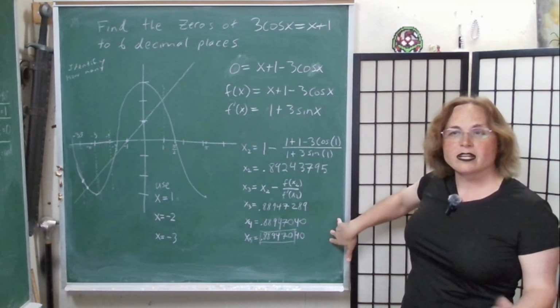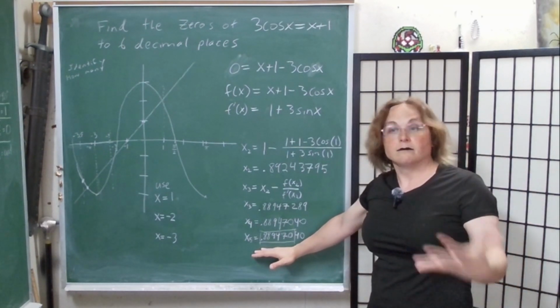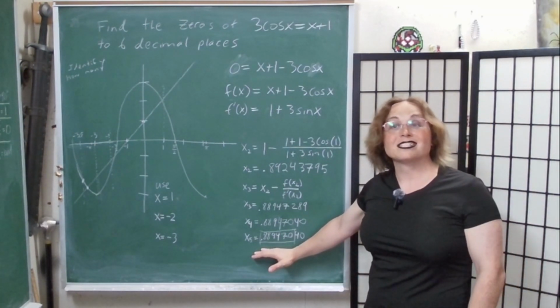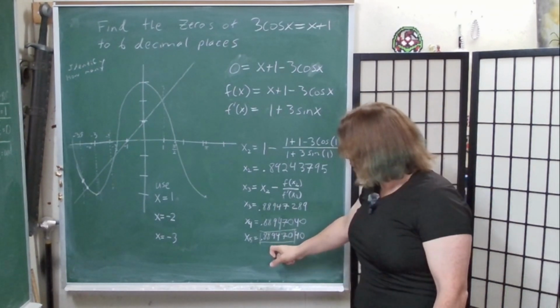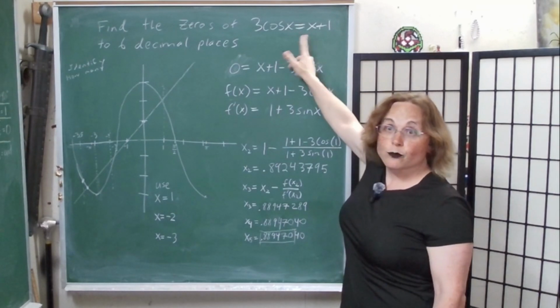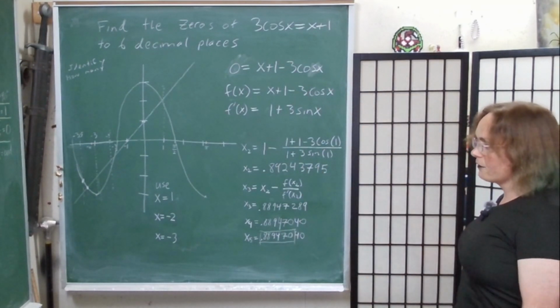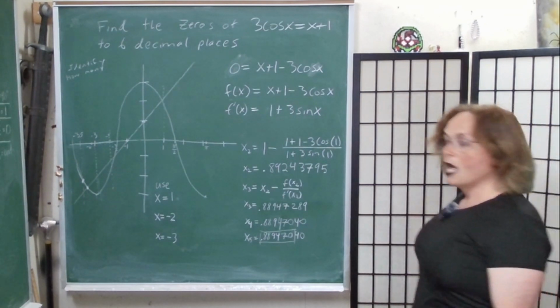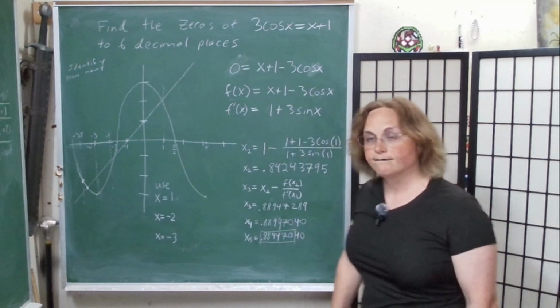So that means I found a good approximation for 6 digits out. Okay? And if you plug this number back in, if you want to check it, you'll see that, yeah, those are pretty close to each other. Do that same thing for x equals -2 and x equals -3. And as long as you are getting to a convergent value, you're good to go.